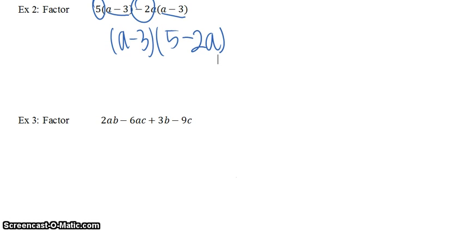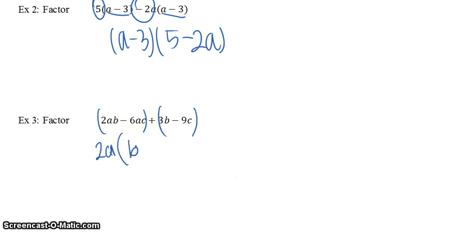Okay, now this one is not like it, so we're going to actually have to factor out the GCF of the first 2 terms. I'm putting parentheses around it because we're going to first factor out the GCF of 2ab minus 6ac. So what do they have in common? 2a. Y'all remember how to factor out. If I factor out 2a, 2a times what will give me 2ab?